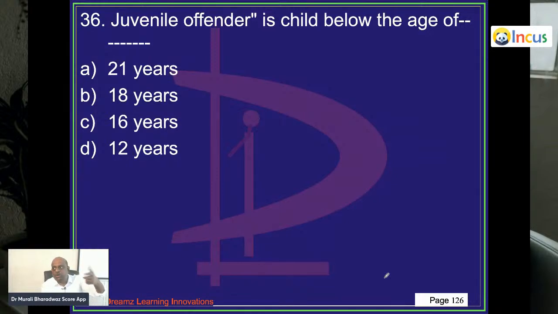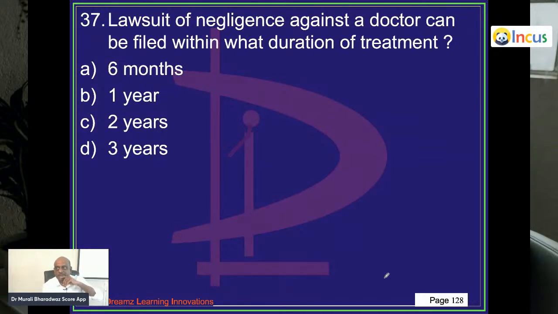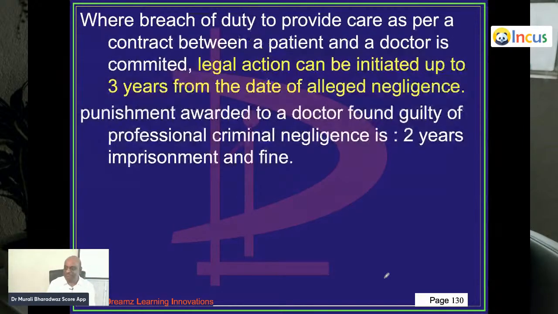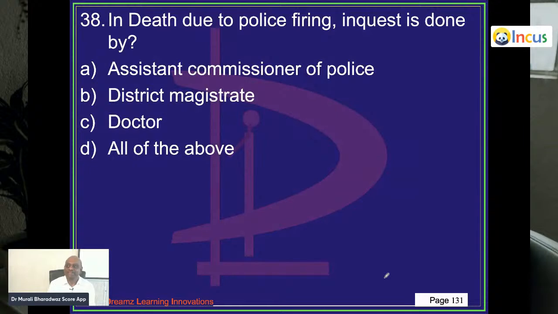Then juvenile offender is a child below 18 years. Lawsuit of negligence against a doctor. If your patient wants to file a case on you, it should be done within 3 years. Dowry death case can be booked until how many years? 7 years. Perfect. Right?